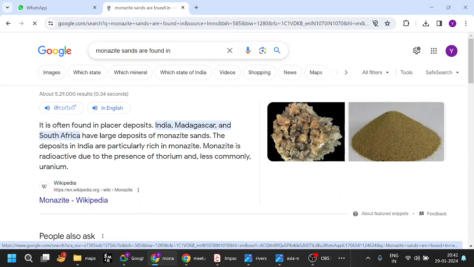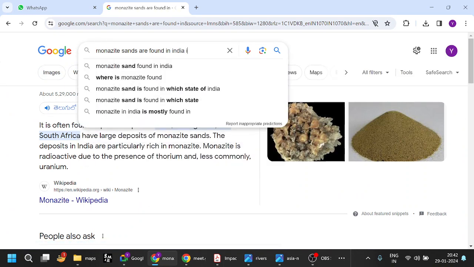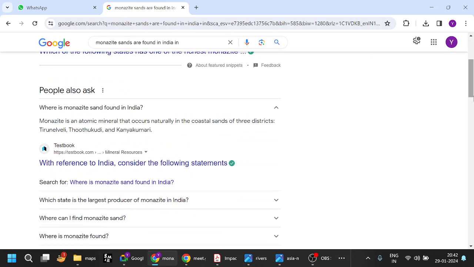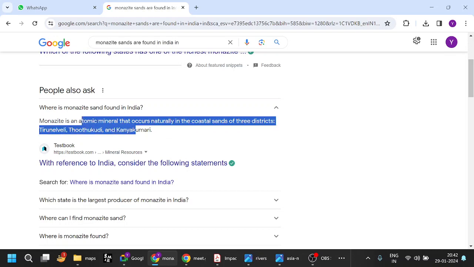India, Madagascar. Okay, so Kerala has the richest monazite deposits. Okay, Palakkad, Kollam of Kerala, etc. So just let us see. Tirunelveli, Thoothukudi, Kanyakumari. So basically, Tamil Nadu is also there. And the atomic mineral, basically thorium.